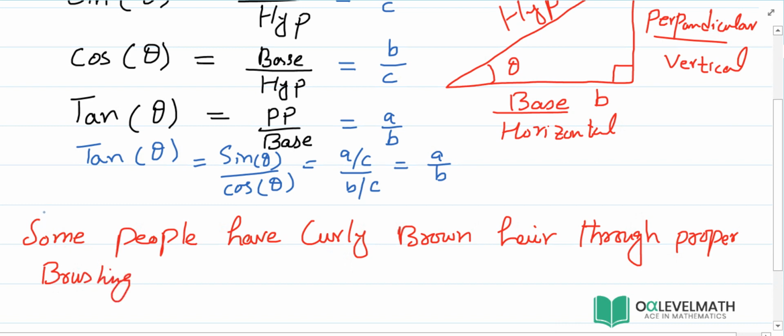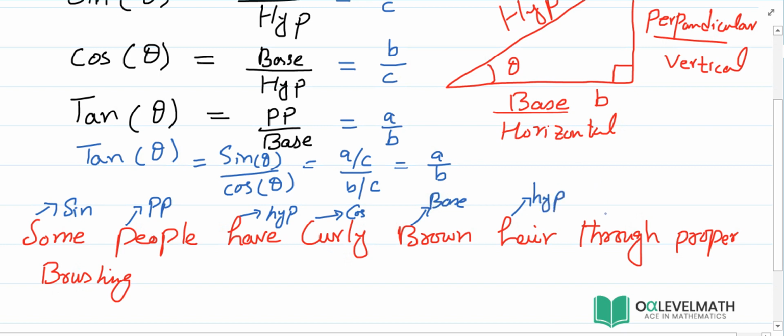Let me explain how. Some means this S means sine is equal to P for perpendicular over H for the hypotenuse. Similarly, C for cos is equal to base over hypotenuse.